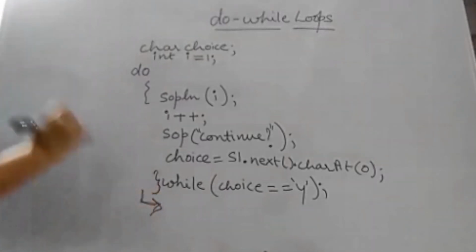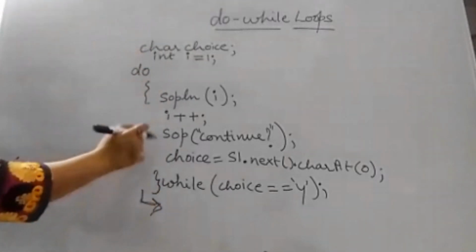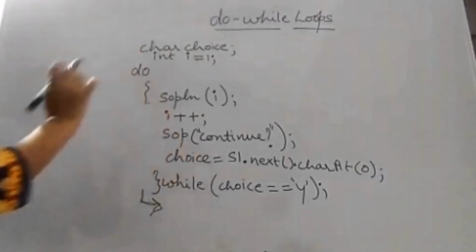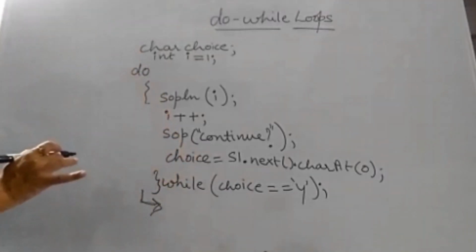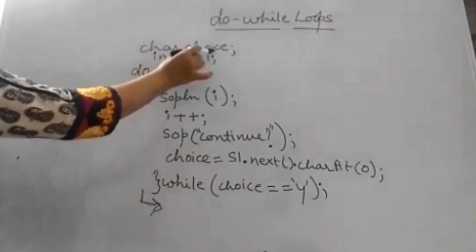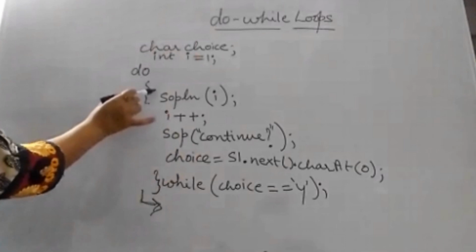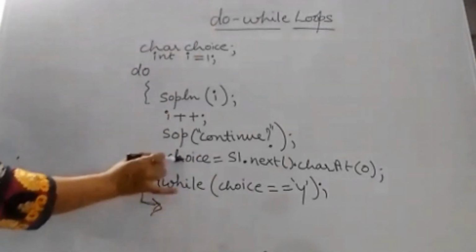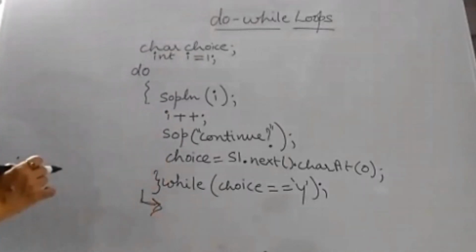Correct? So what is happening the first time? The compiler did not know the value of choice. The compiler was not aware of the value of choice, we have only declared character choice, and here whatever value is accepted, according to that it will keep on continuing.